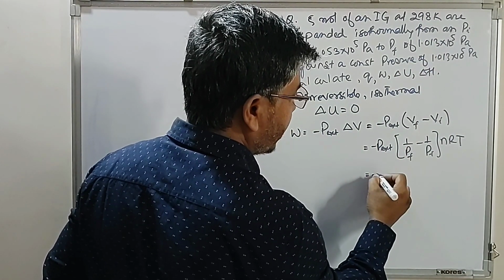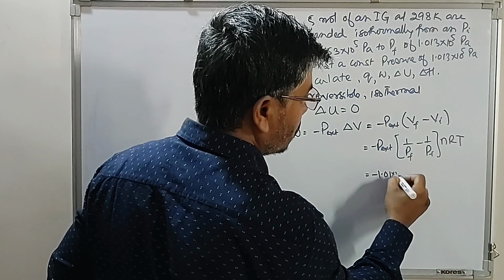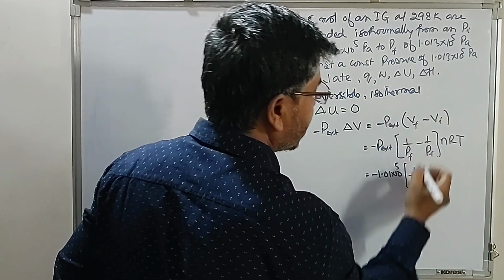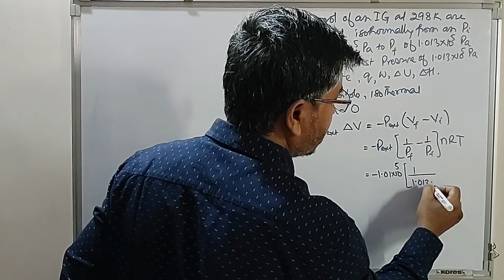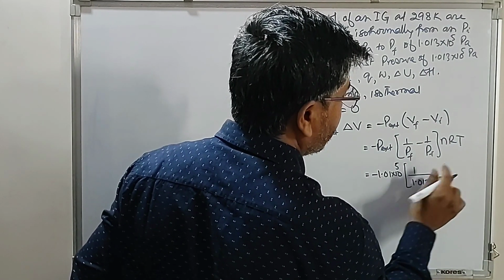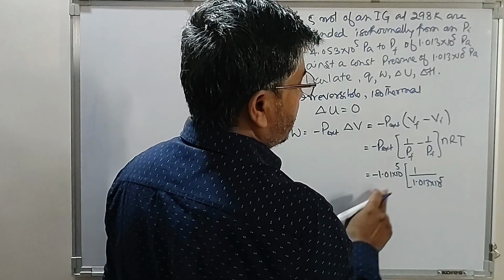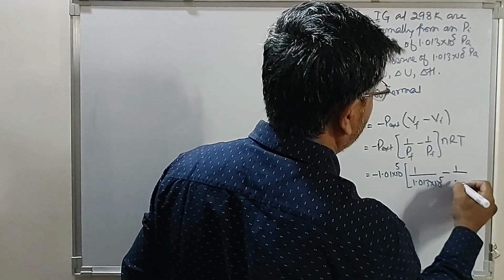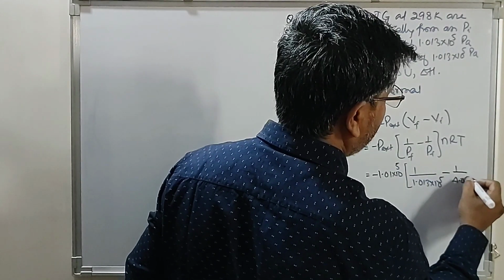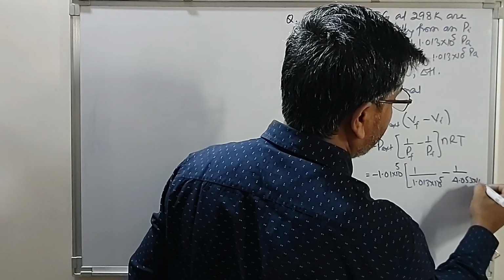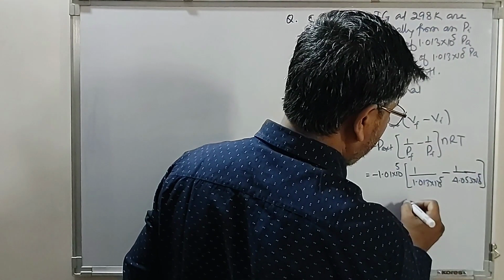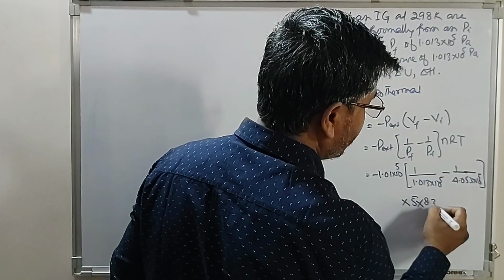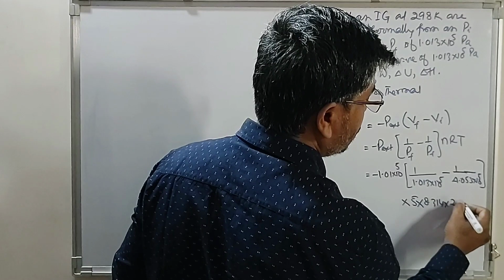So we have this work done. So this is minus 1.013 into 10 to the power 5, 1 by Pf is again the same, 1.013 into 10 to the power 5. So 10 to the power 5, 10 to the power 5 will cancel out. So minus 1 by 4.053 into 10 to the power 5, into n, n is 5, R is 8.314, temperature is 298.